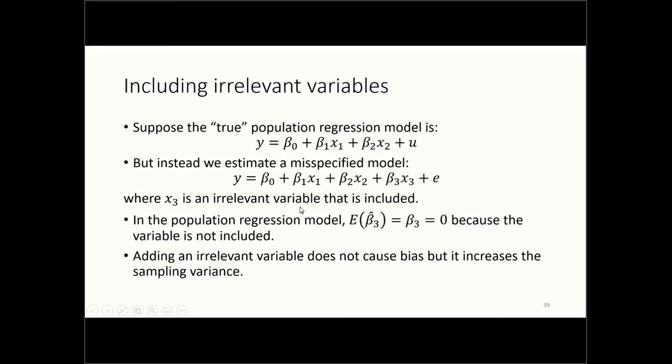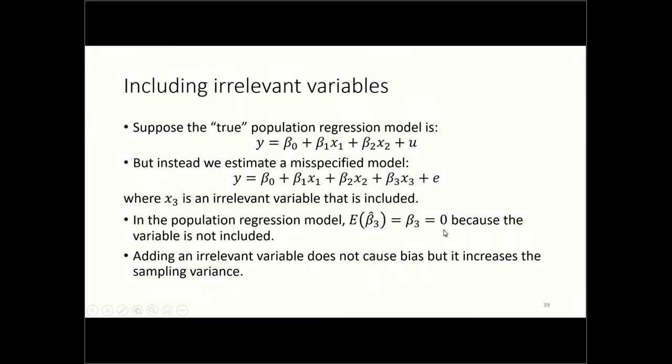So in this case, in the population regression model, the expected value of the beta 3 hat coefficient would be the beta 3 parameter, and that would be equal to 0 because this variable is not included, right? We shouldn't have how tall a person is affect education. So in this case, an irrelevant variable would not cause bias because that coefficient here is equal to 0.